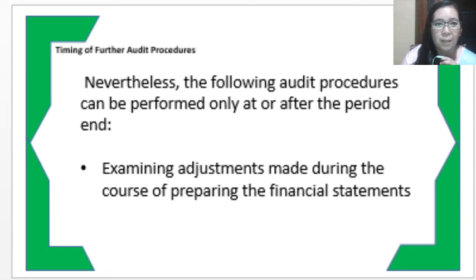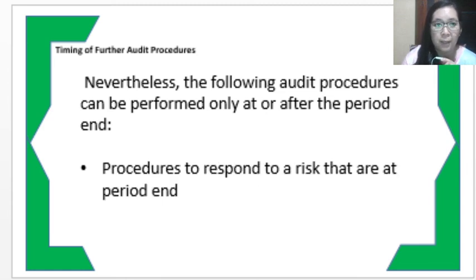Another is examining adjustments made during the course of preparing the financial statements. We all know that adjustments are normally prepared at the end of the accounting period. Another is procedures to respond to transactions occurring at period end, of course. Okay, so those are the timing of further audit procedures.